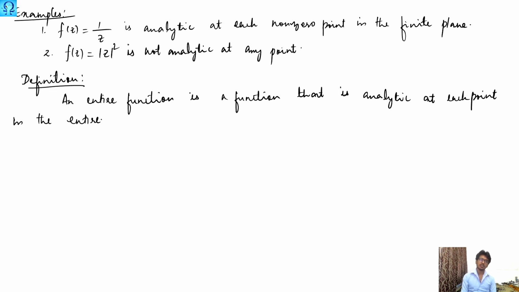Which means a function which is differentiable at all the points of the complex plane is called an entire function. So it may also be called an everywhere differentiable function.